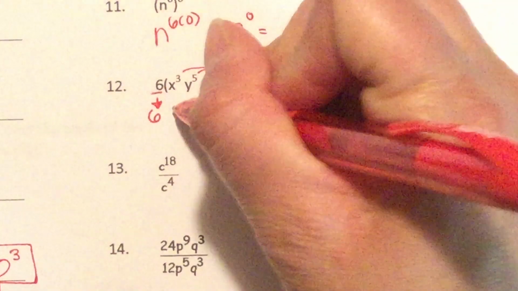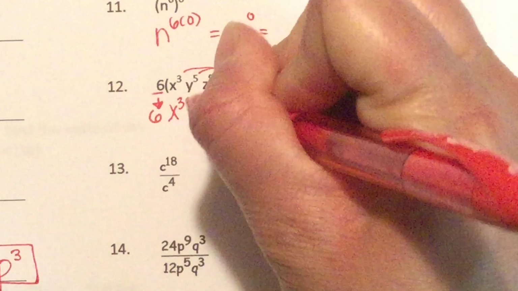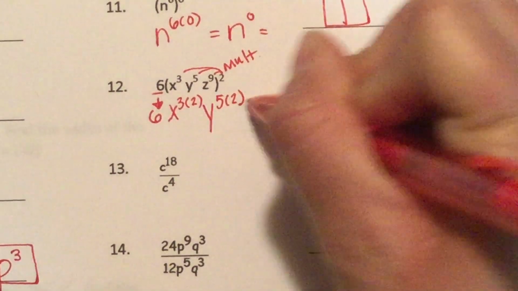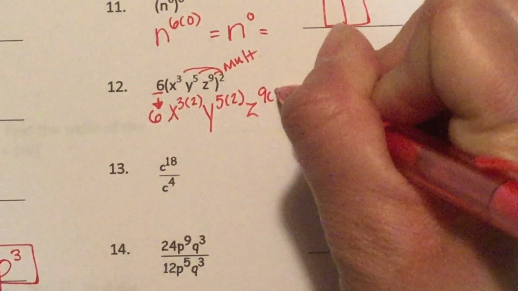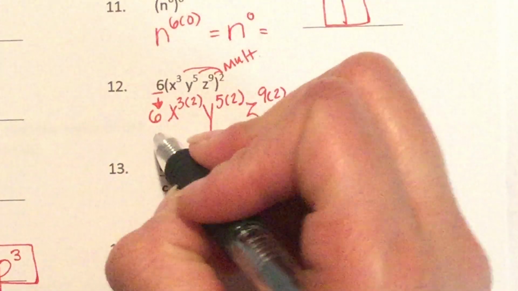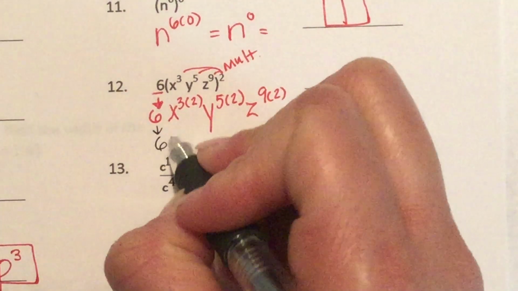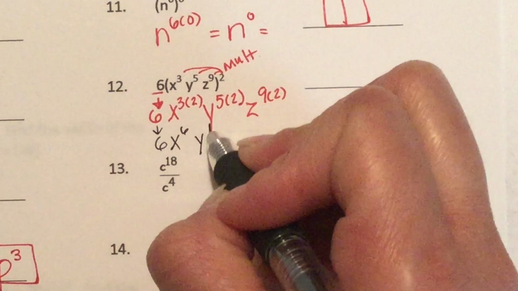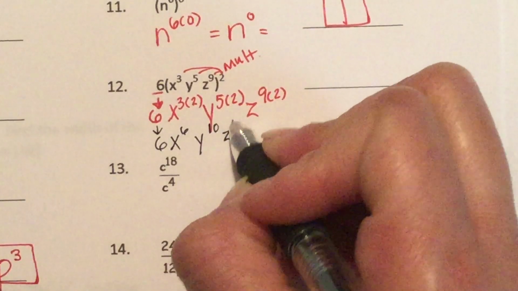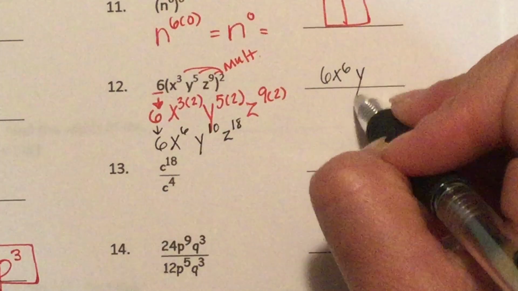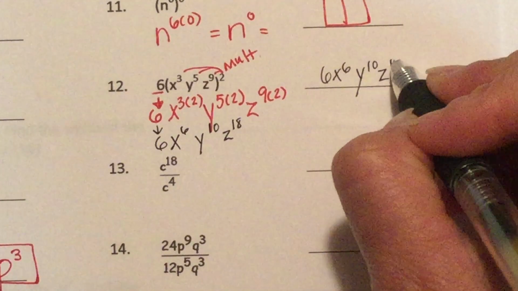So you're taking x to the 3rd power times 2, you're taking y to the 5th power times 2, and z to the 9th power times 2. From here you simplify. You should bring down your 6 again, x to the 6th power, y to the 10th power, and z to the 18th. So 6x to the 6th, y to the 10th, z to the 18th.